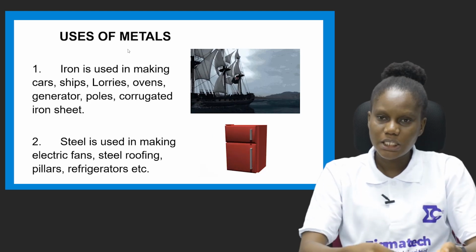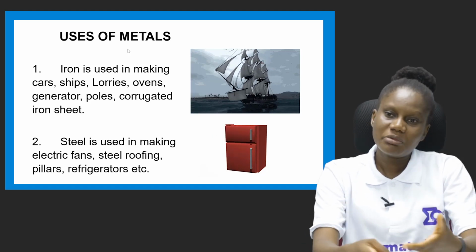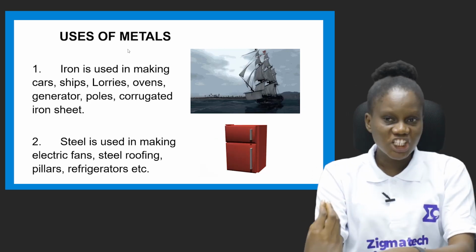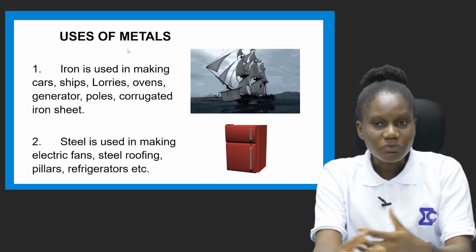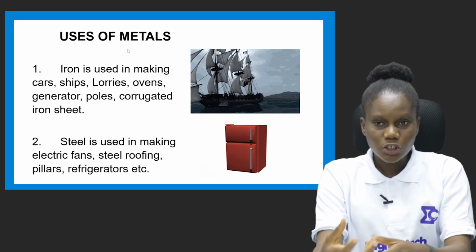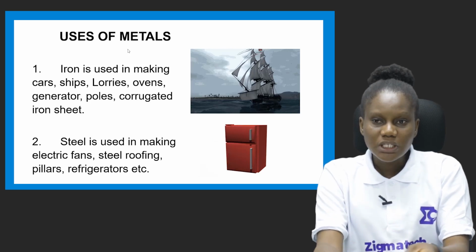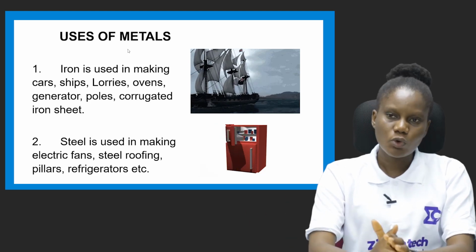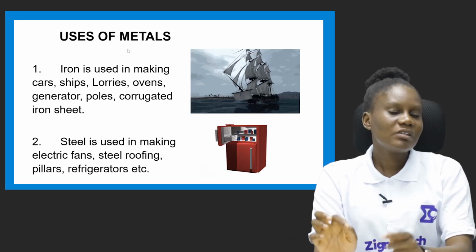Your car is a metal, your ship is a metal, your lorry is a metal, your oven is a metal. Most parts of a generator are metals. They are gotten from iron, and it is used to build them. Poles and your corrugated iron sheets are made from metal, and the name of the metal they are made from is iron.